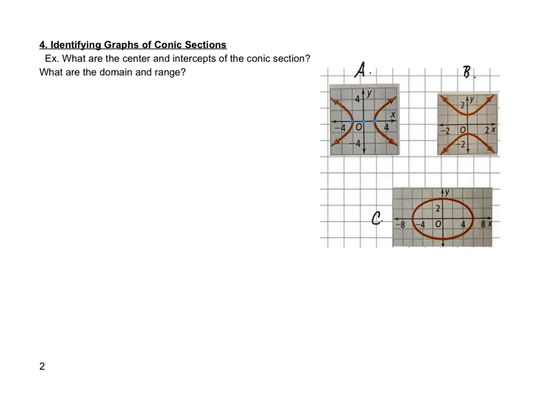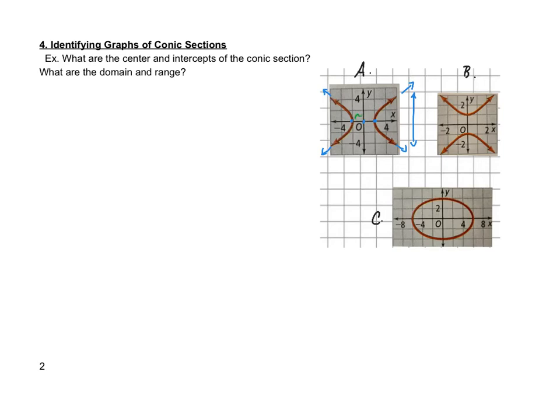Then what are the domain and range? Since this goes on forever in every direction, as the arrows indicate, the range is all real numbers because it goes on forever upward and downward, whereas my domain does not exist in here.